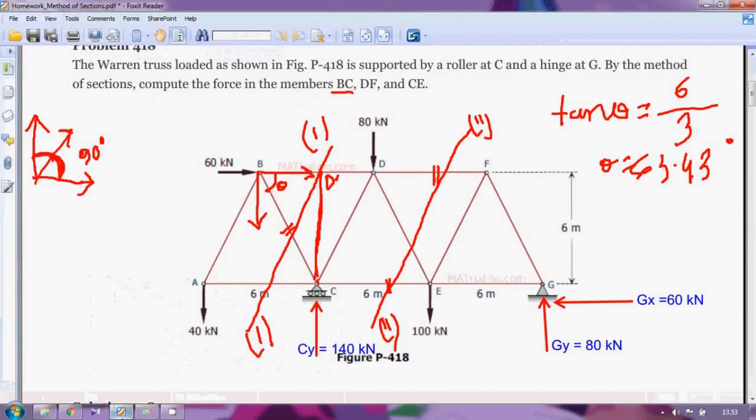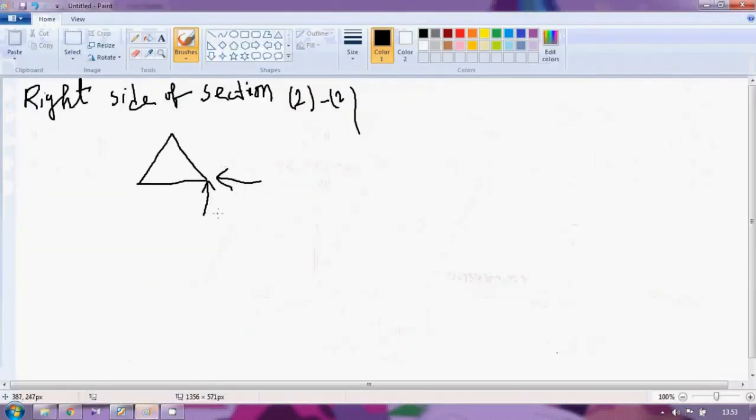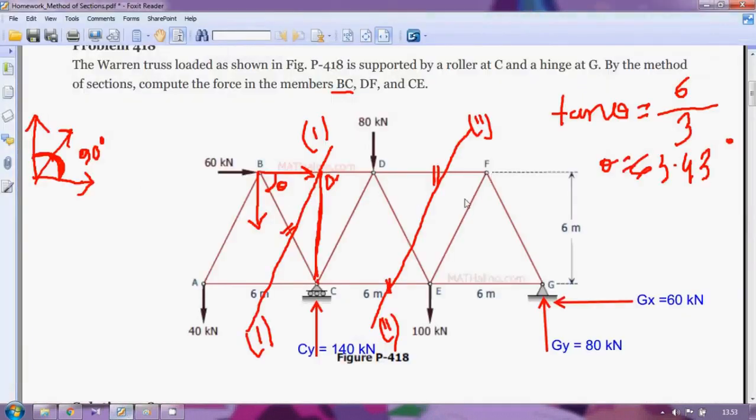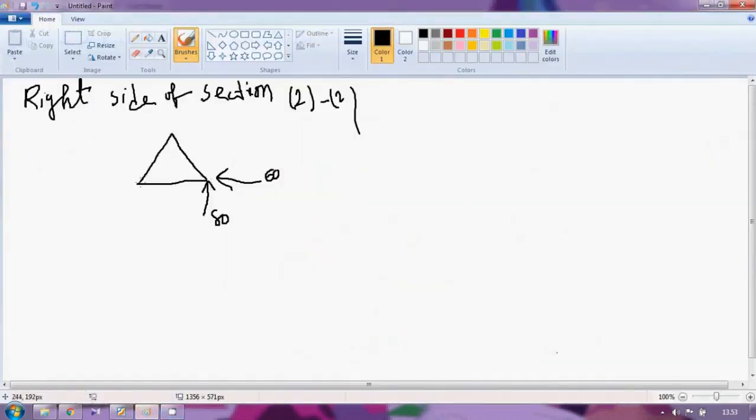What is the value of the reactions? 80 and 60 kilonewton. So this is 80 and this is 60. After that we have a 100 kilonewton force at E point. And this point is F.